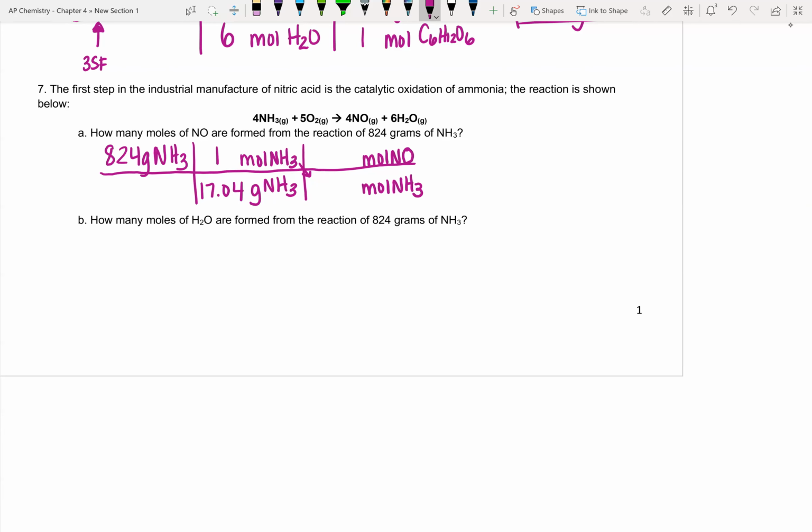And in the mole-to-mole ratio, the coefficient of nitrogen monoxide is 4. The coefficient of ammonia is 4. So my final answer, rounded to 3 sig figs, is 48.4 moles of nitrogen monoxide.